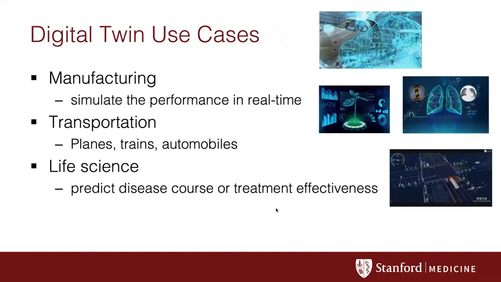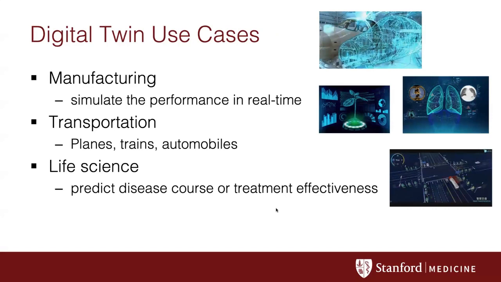We see digital twin use cases in all different types of industry. We see it in manufacturing to simulate performance in real time, in transportation, in trains, planes, automobiles, etc. And more recently in life sciences to predict disease course or treatment effectiveness.